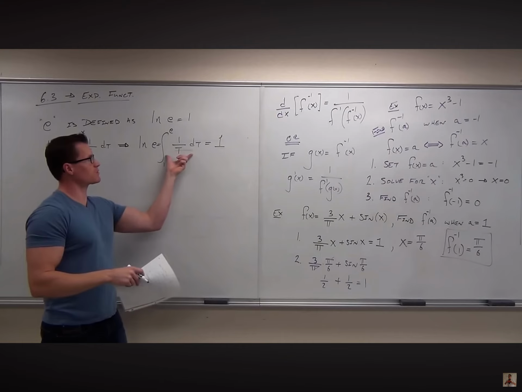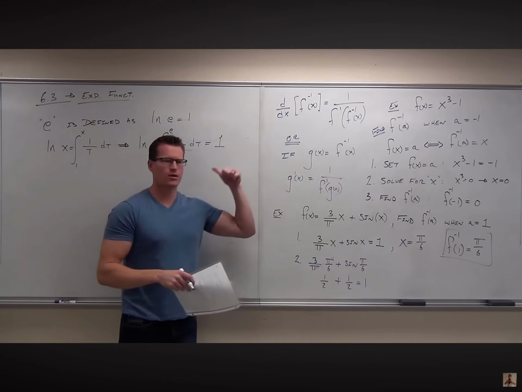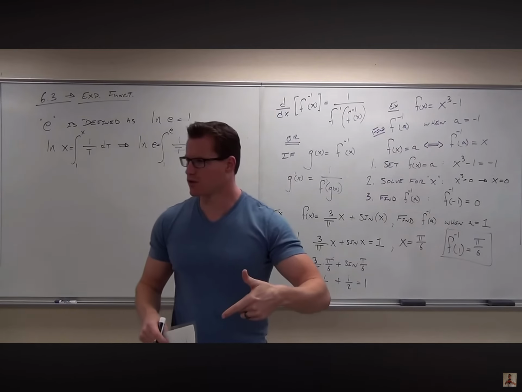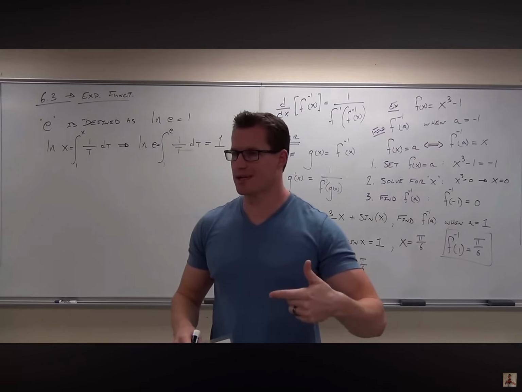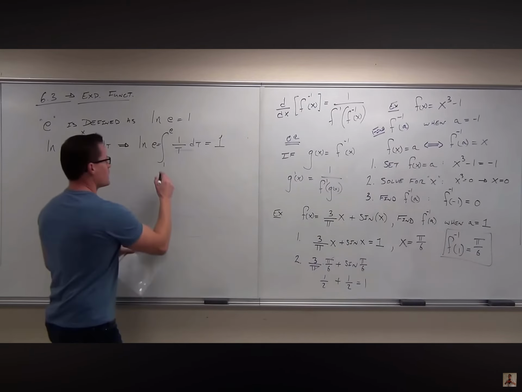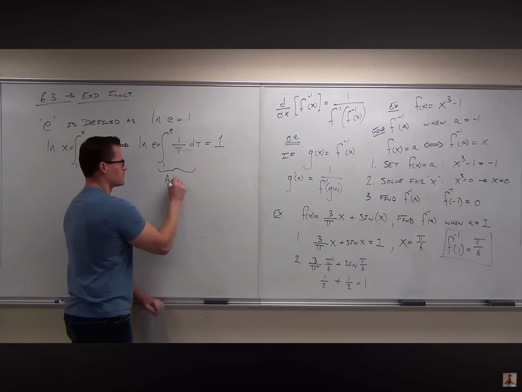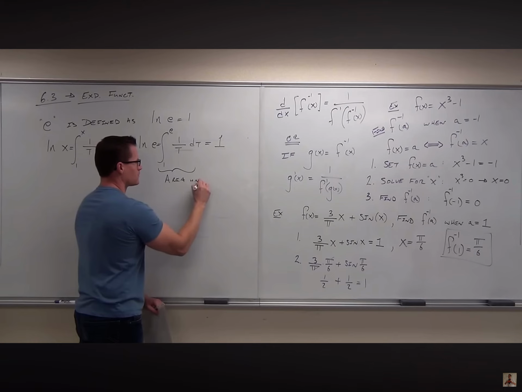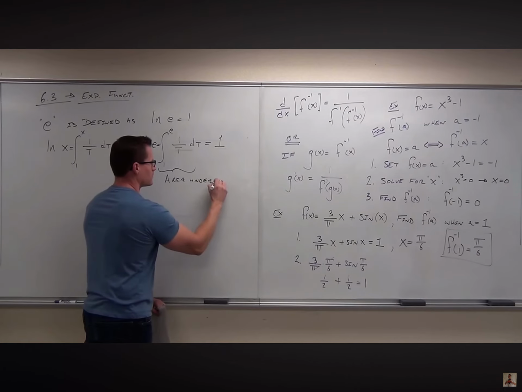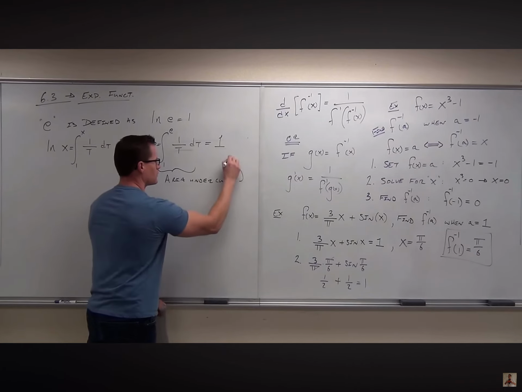That means that this integral also has to equal 1. Do you remember that the integral is the area under a curve between 2 points? That's what a definite integral is. So what this says is the area under this curve is 1.